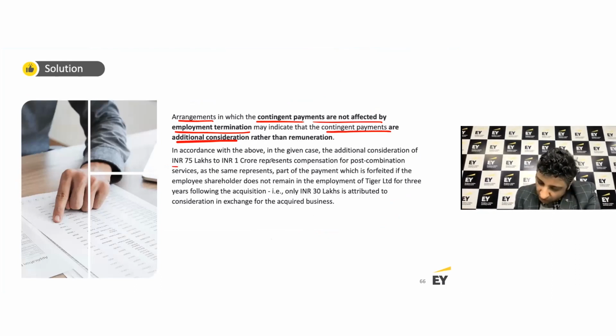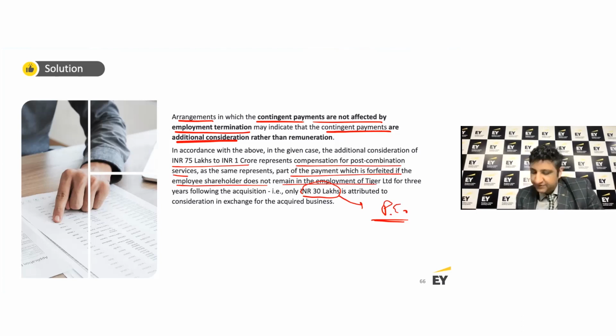However, the compensation of 75 lakh rupees to 1 crore essentially represents the compensation for the post combination service that will be otherwise forfeited if the employees do not continue. Okay, so only 30 lakh rupees would be taken as a part of your purchase consideration rather than becoming a part of the post employment services there. Okay, it's an important concept for us to understand and, of course, follow there, right?